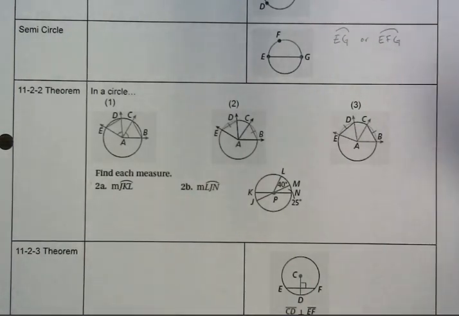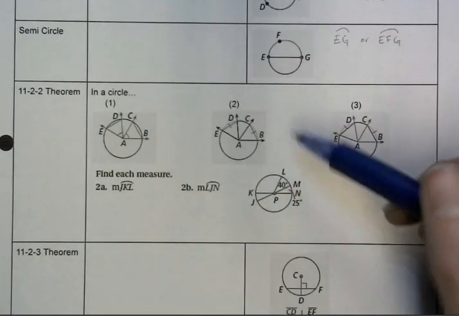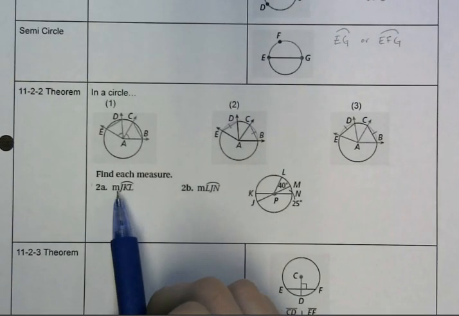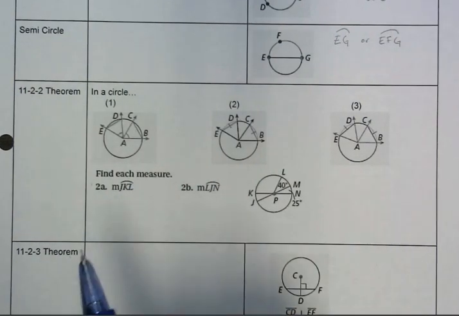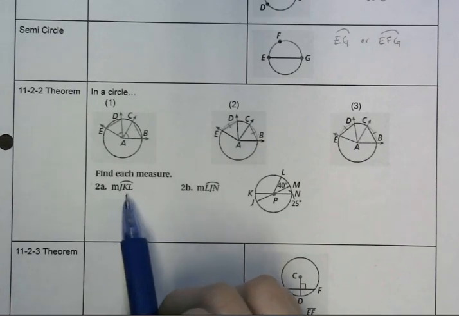So hopefully this is kind of intuitive for you guys, but we're going to use this idea to help us out. Okay, so we're going to find each measure using this picture. The first one is JKL. So this is going to be a major arc because they are using three letters, or it could be a semicircle as well.